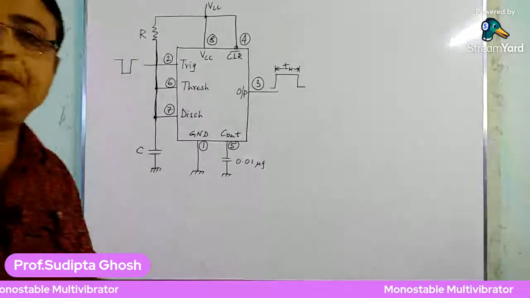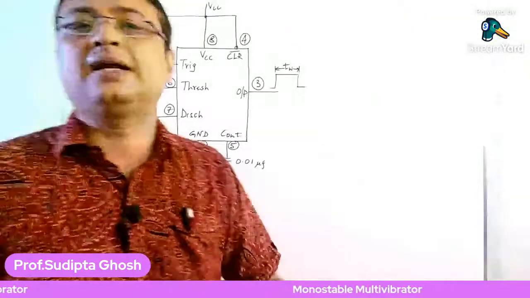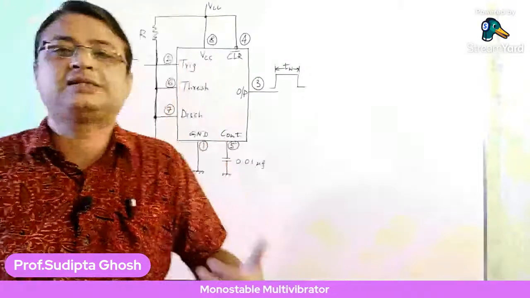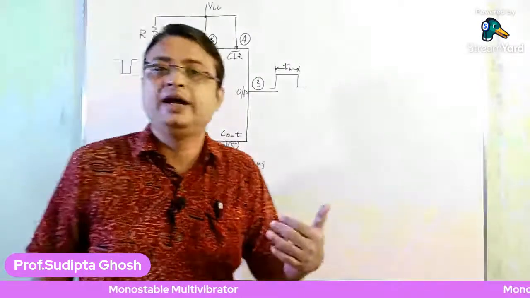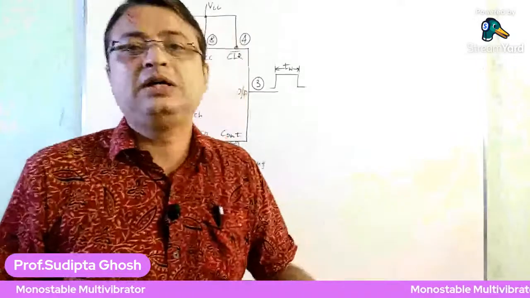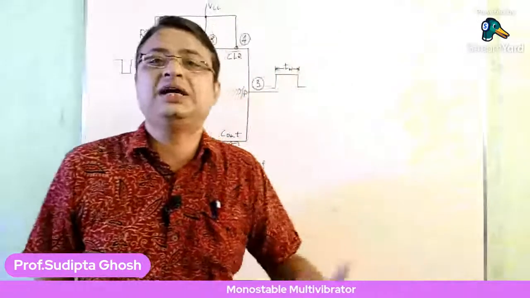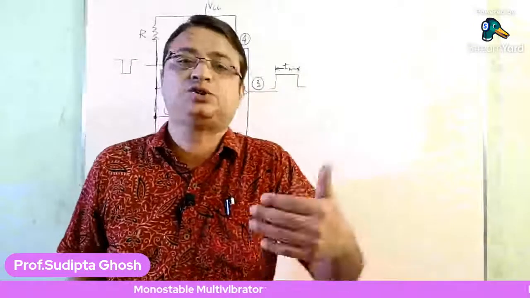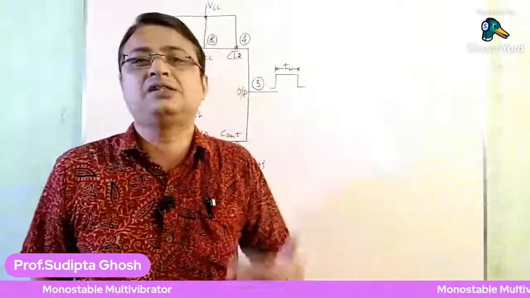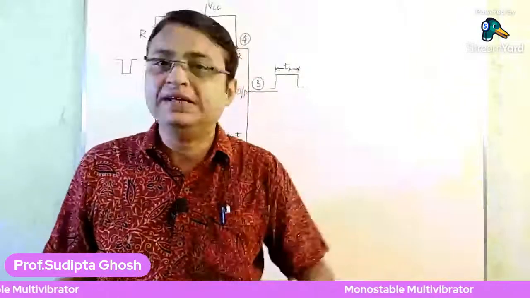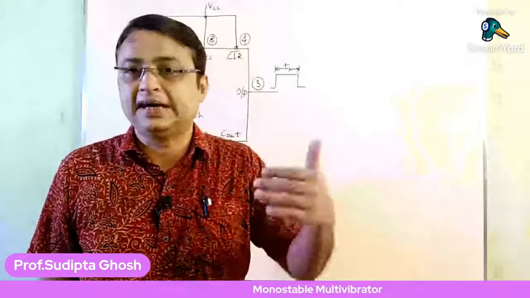So step number 1, when the circuit is switched on, if we have no voltage applied at the trigger input, then initially the capacitor tries to charge. The capacitor tries to charge to the value of VCC via the resistor R.